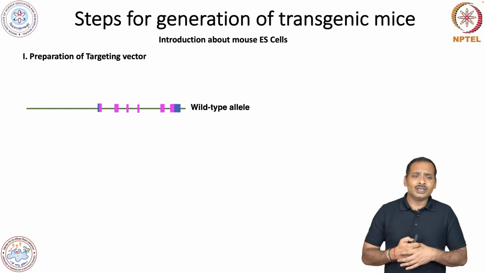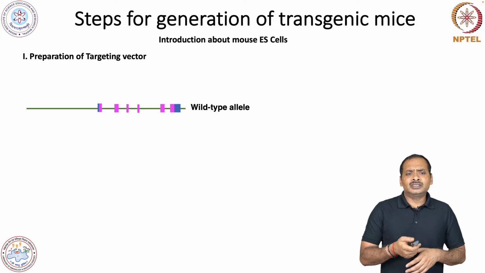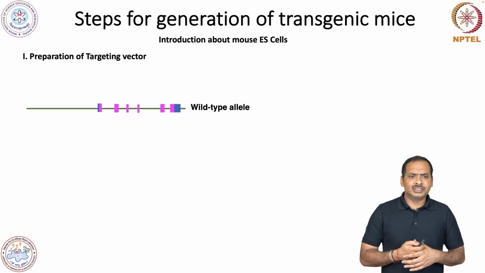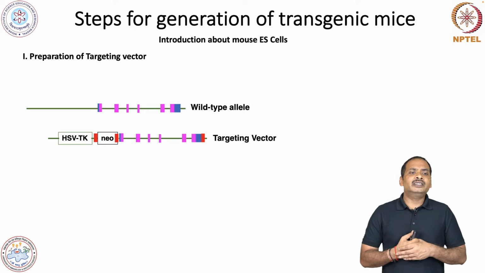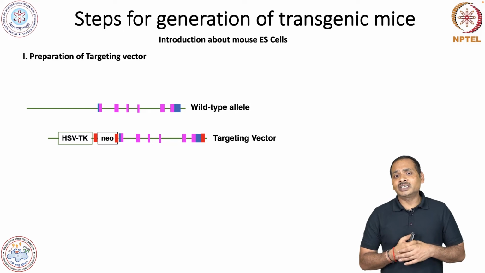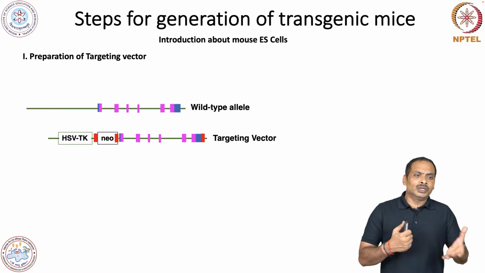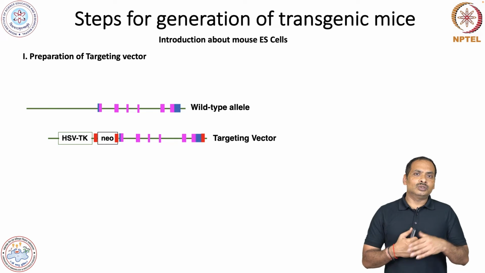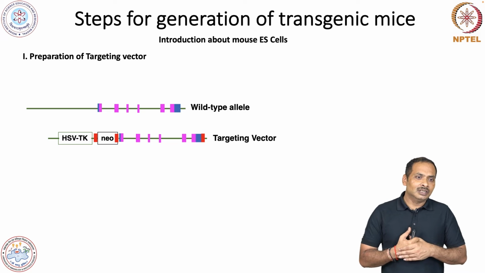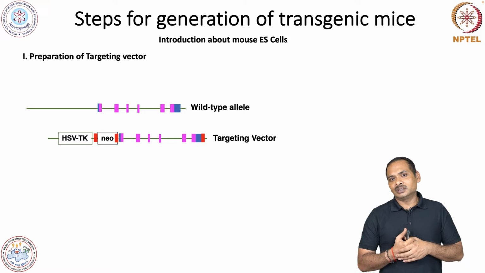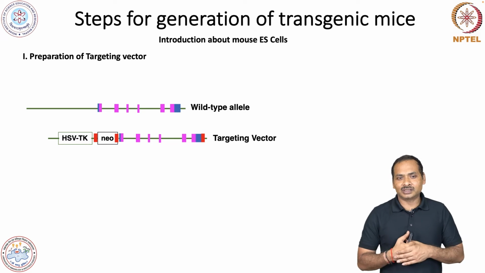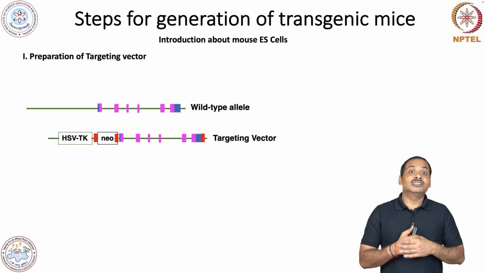Okay. So here is the genomic arrangement of the gene IPS, and here we need to make a targeting vector in this fashion. Now, you have understood the HSV-TK and the neomycin, but here you can see there are some more red color boxes. So what are these red color boxes?